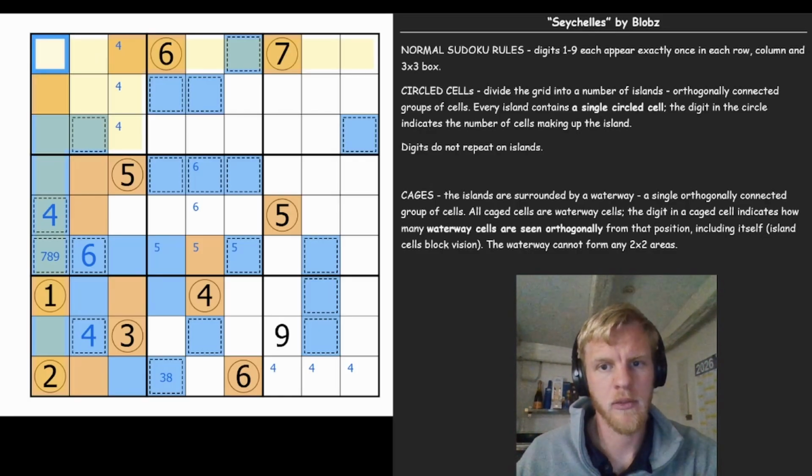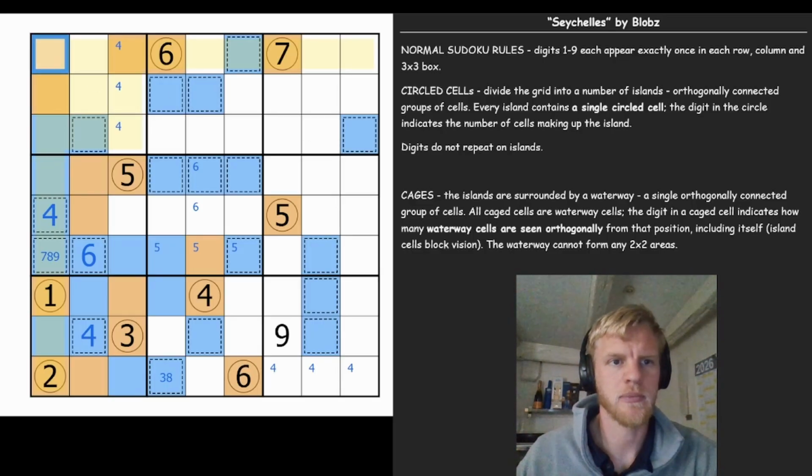And we don't have, let me say, a single orthogonally connected group of cells. So that's islands. Same goes for this. So we do have 5 already for the 6.